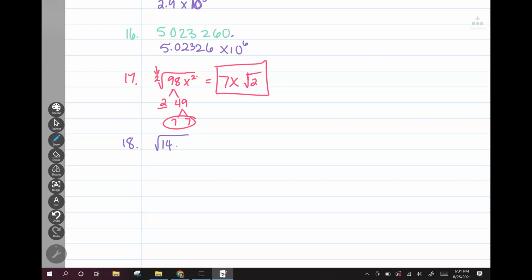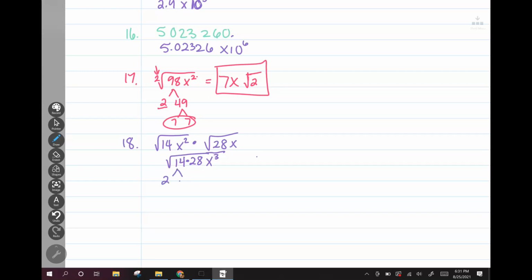Square root of 14x squared times the square root of 28x. Okay, when you're multiplying radicals, you multiply outside with outside, inside with inside. This time we only have inside, so we're just going to multiply 14 and 28. But I'm going to leave them separate because my next step is going to be to factor them, right, using my factor tree.